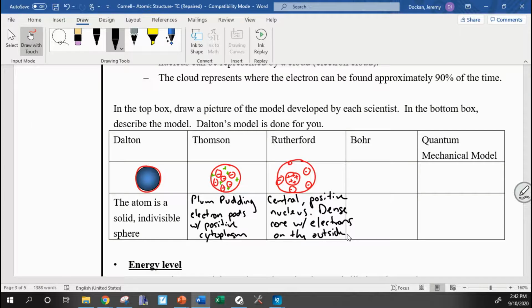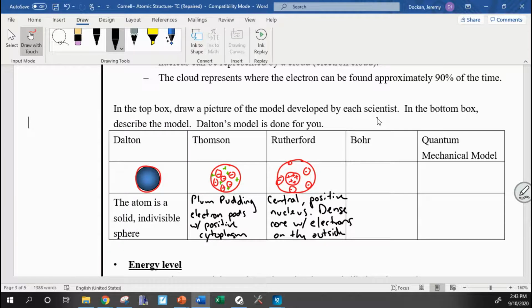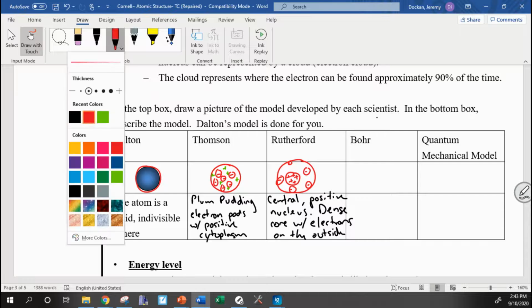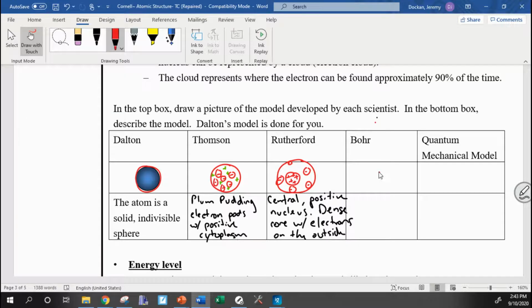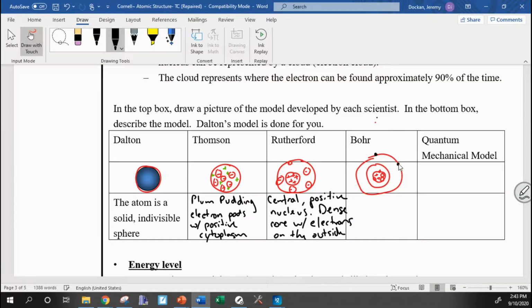Okay? Bohr's model changed a little bit. And this is when Bohr came out and said that he had the nucleus that had protons and neutrons in it. And he said that electrons were in rings around the outside.